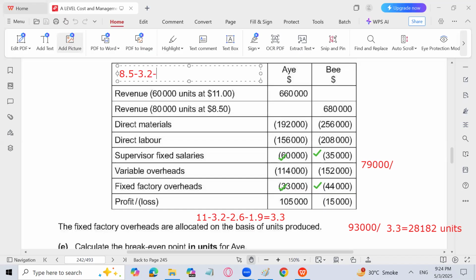That is 2.6. Then 152,000 divided by 80,000. That is 1.9 minus 1.9. So you will get the break-even point. That is 8.5 minus 3.2 minus 2.6 and minus 1.9.